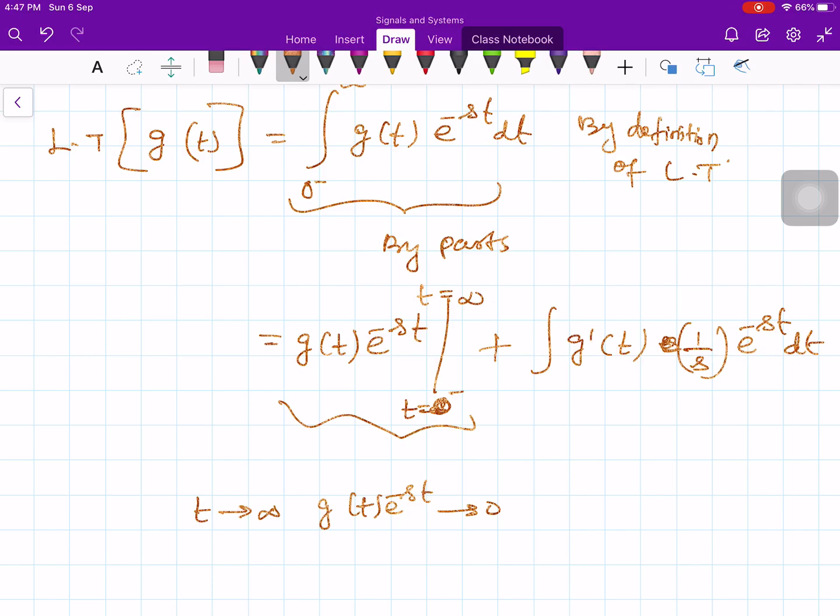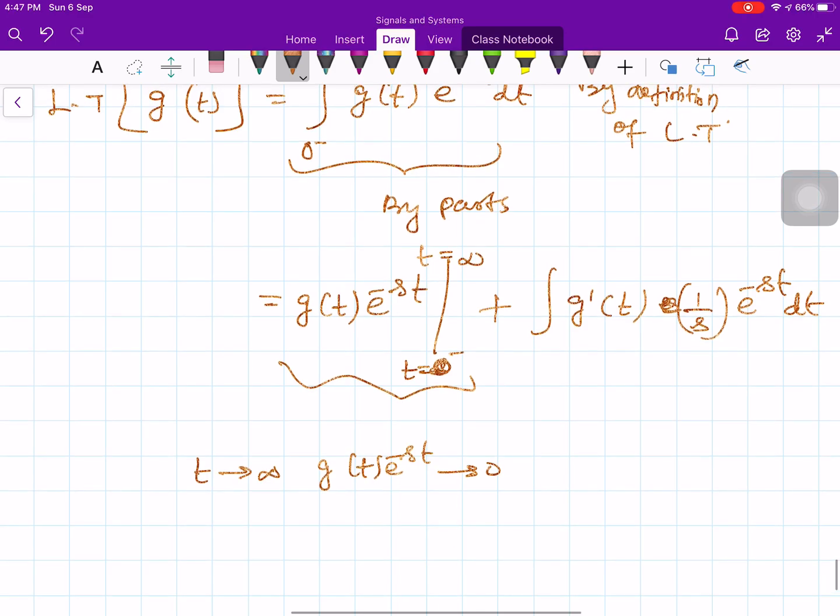This g of t will be Laplace transformable if and only if, when you multiply g of t by e to the minus st and let t go to infinity, it is equal to 0. Otherwise it will not converge. Therefore the upper limit becomes 0. What about the lower limit?